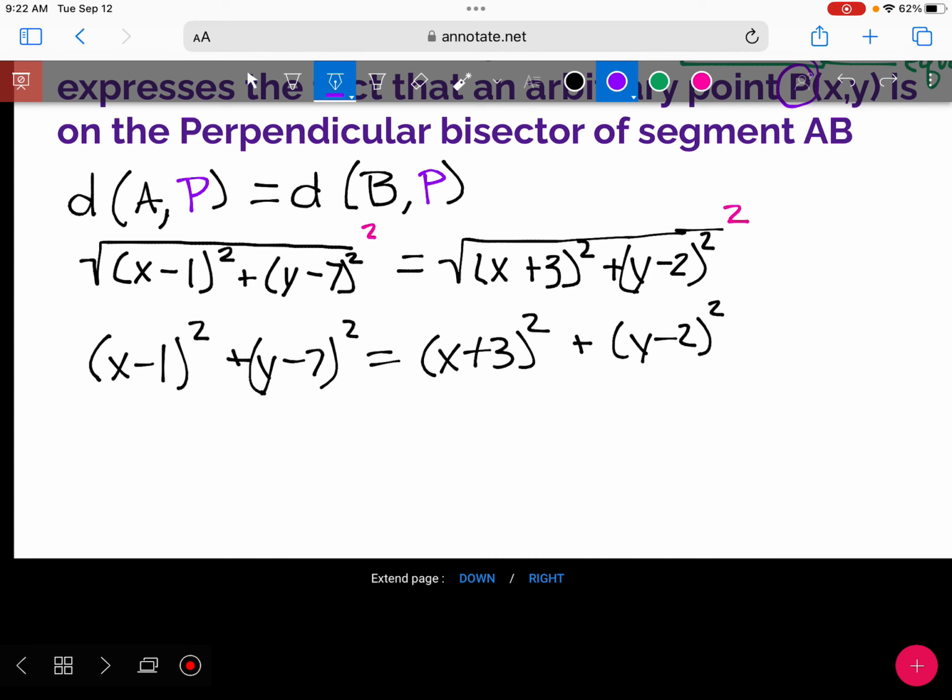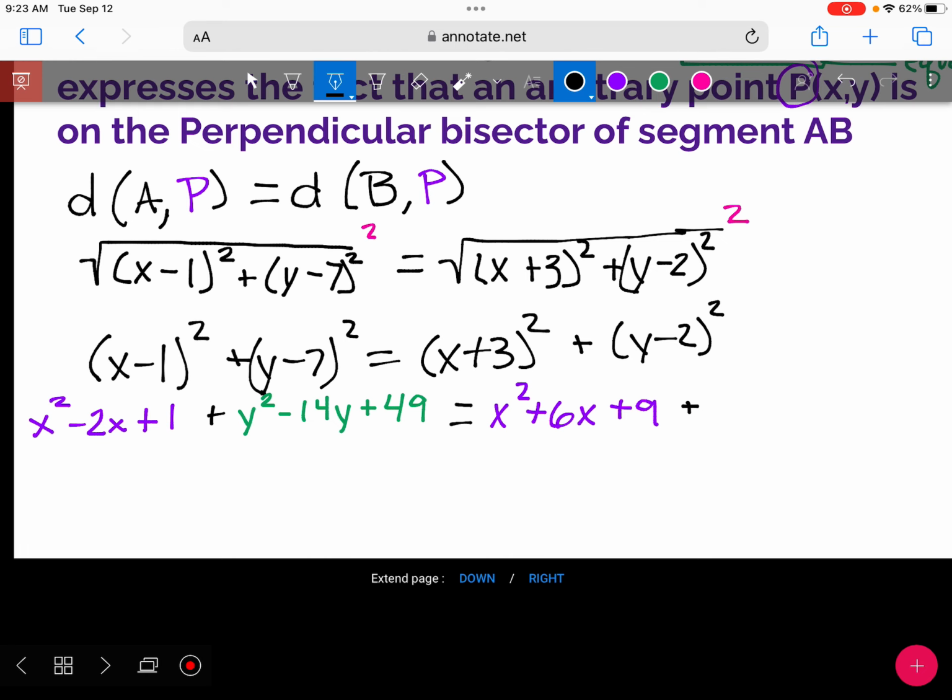When we do that, we should get x squared minus 2x plus 1 plus y squared minus 14y plus 49 equals, keep going out, x squared plus 6x plus 9 plus y squared minus 4y plus 4.